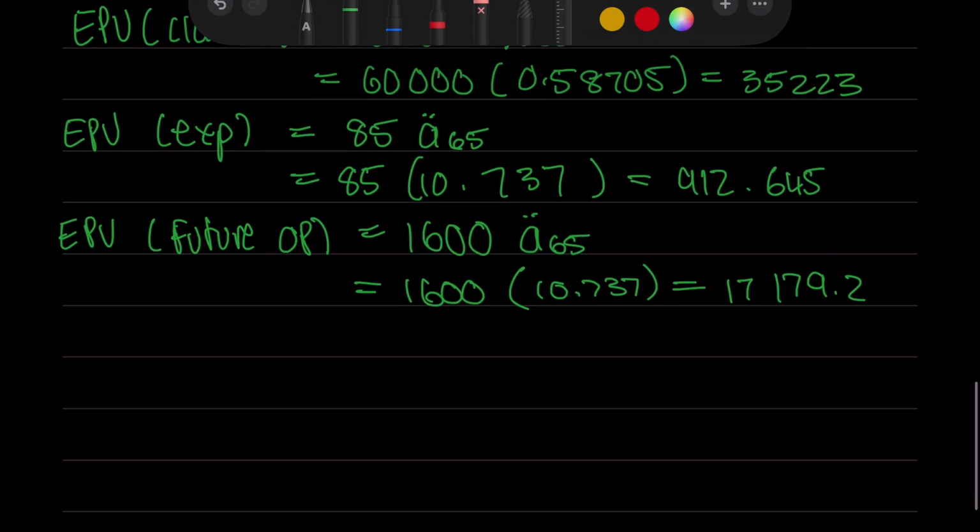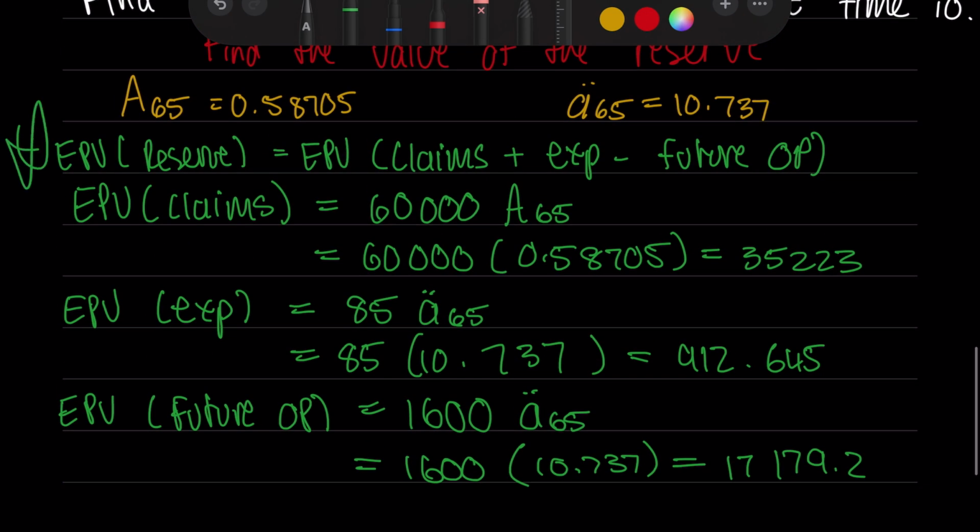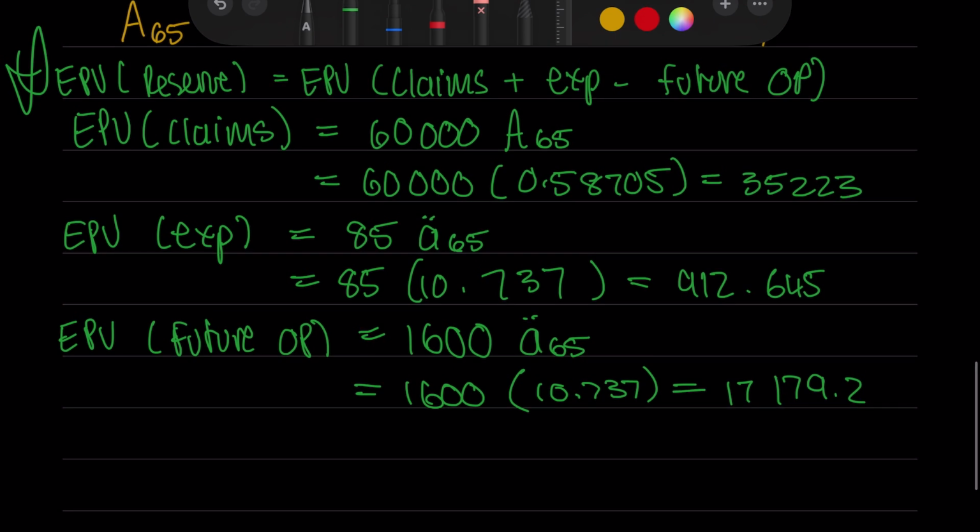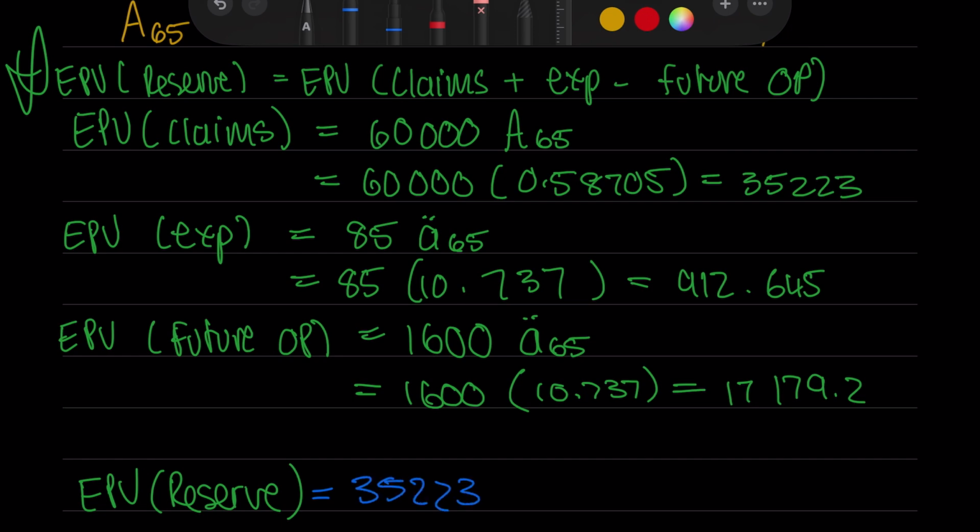Cool. Now we just put this all into our formula here, and we'll check what our answer is going to be. Let me do this again in blue. Start with claims. We calculated our present value of claims to be 35223 plus expenses, which were 912.645, minus our office premiums expected to receive, 17179.2.